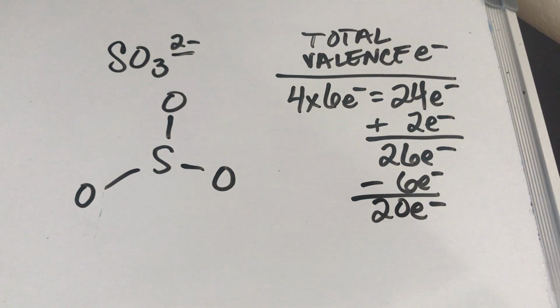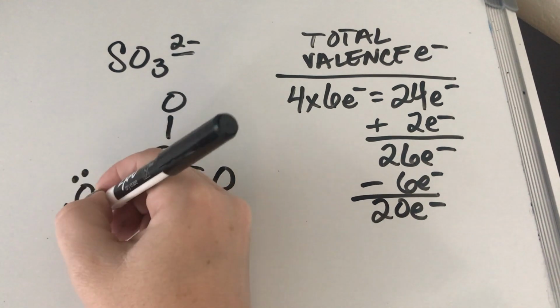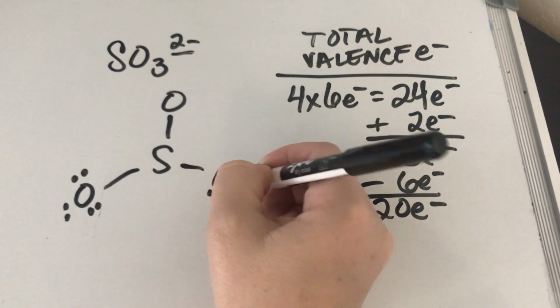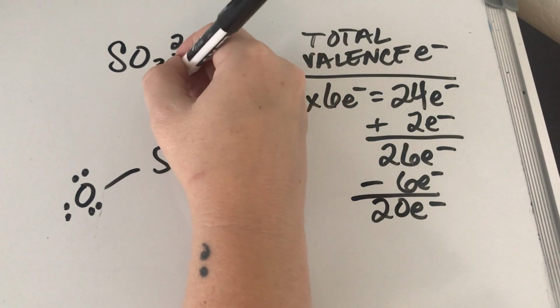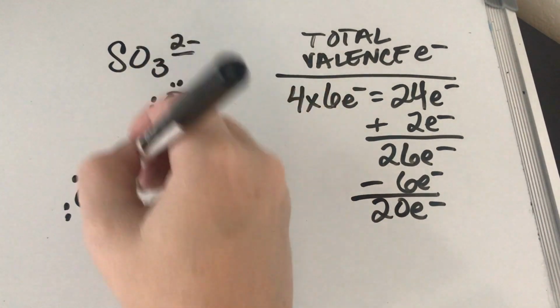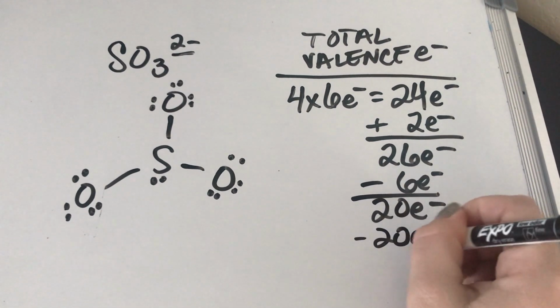So we have 20 electrons left over. 2, 4, 6, 8, 10, 12, 14, 16, 18, 20. Okay with that? Yes. Cool. So we've used all of our electrons.